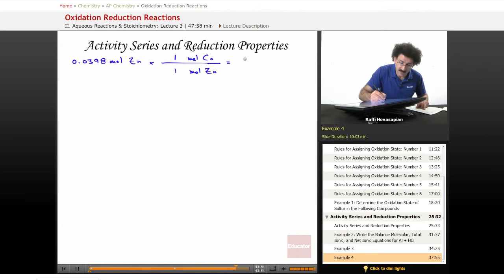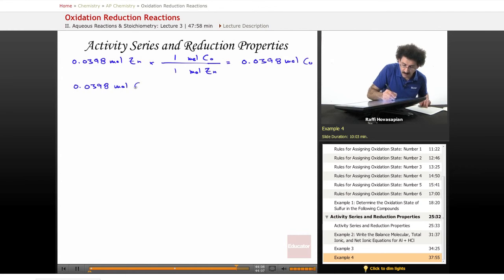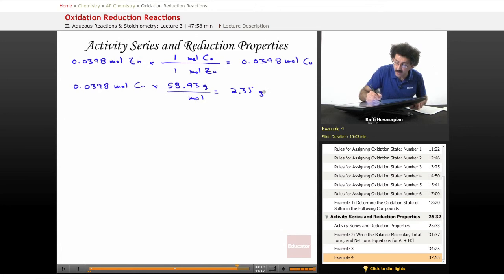So I end up producing 0.0398 moles of cobalt metal, and 0.0398 moles of cobalt times its molar mass, which is 58.93 grams per 1 mole, and I end up with 2.35 grams of cobalt produced.